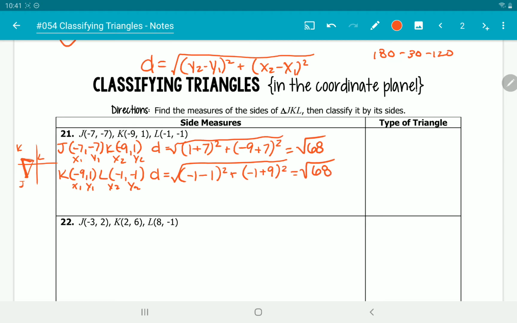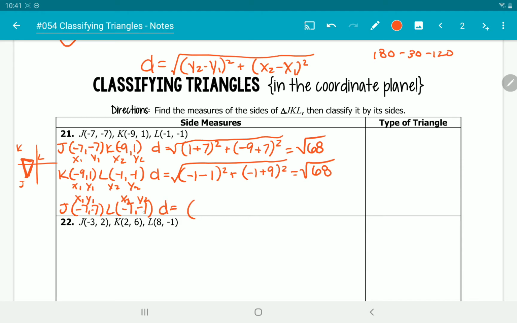And lastly, we need to determine from J to L. So J is -7, -7, and then L is -1, -1. So we'll have x1, y1, x2, y2.